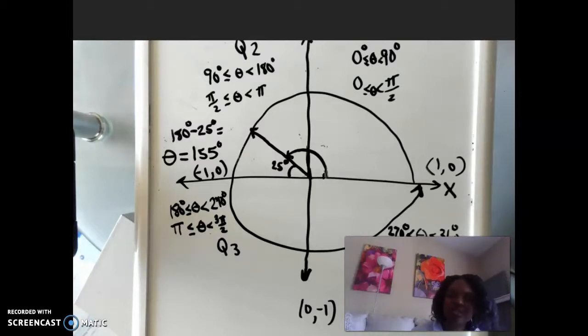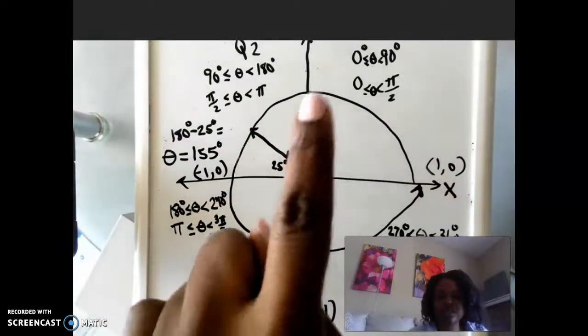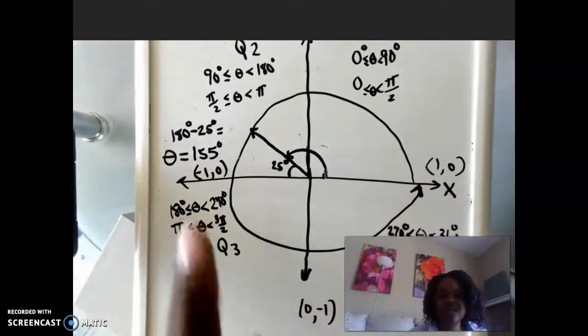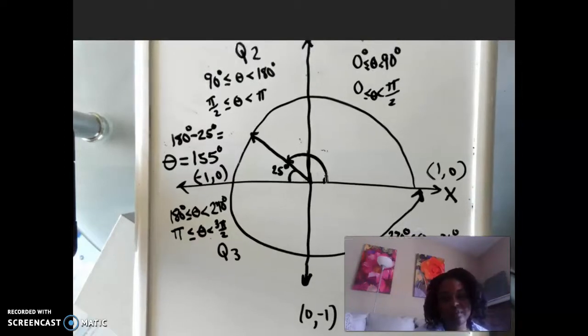Let me make sure I say this. What's happening specifically at these places along the axes, it behaves slightly differently than anywhere else. So we only really consider in the quadrant what's not there.